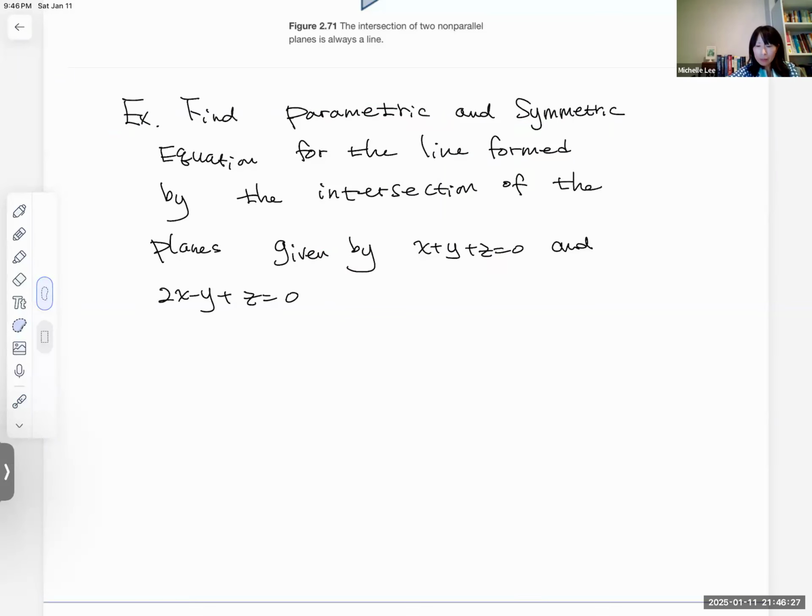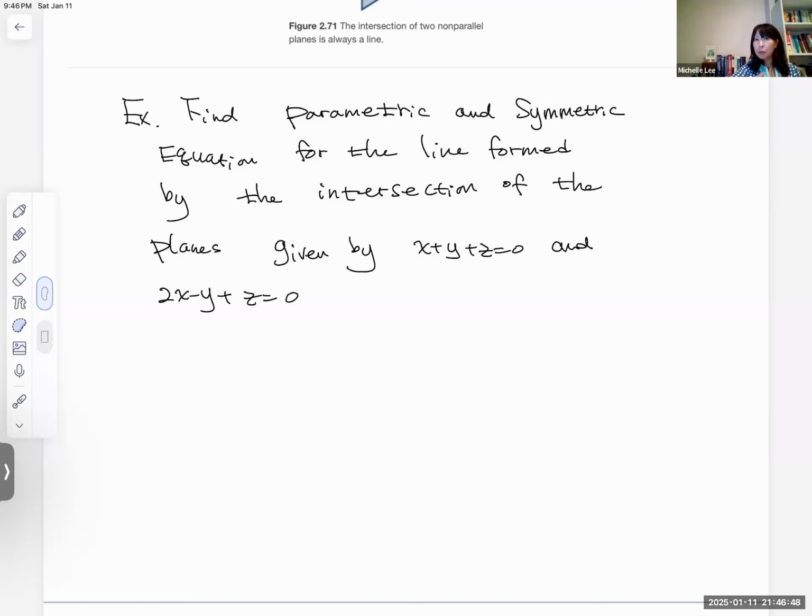Okay, so we have an example. Find the parametric and symmetric equations for the line formed by the intersection of the planes given by two equations. So they are planes, and we want to find the equation of the line, right?